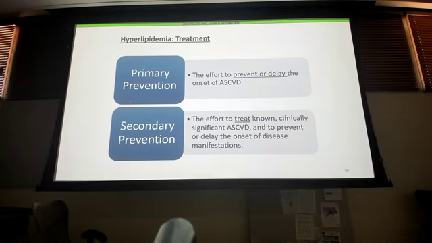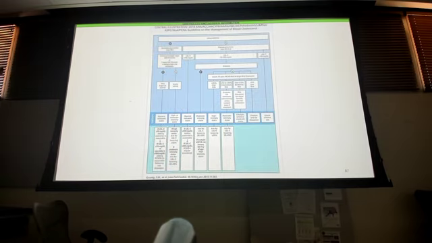And then when we started talking about treatment, we had to talk about what's primary prevention and what's secondary prevention and what those definitions are. Because when I look at the algorithm, I'm going to have to go down one arm or the other, depending on if this is secondary prevention or primary prevention.